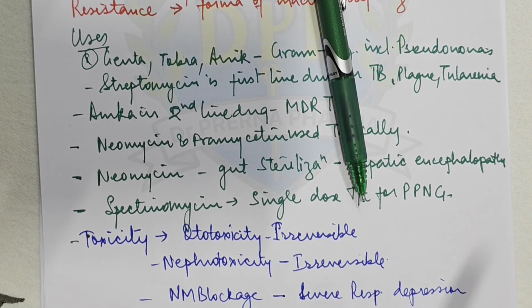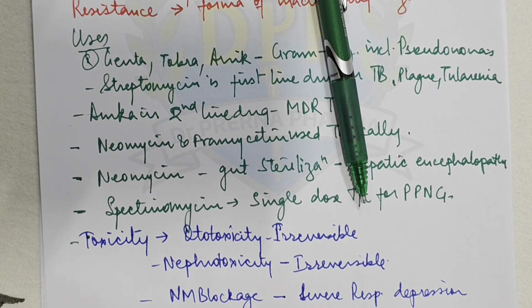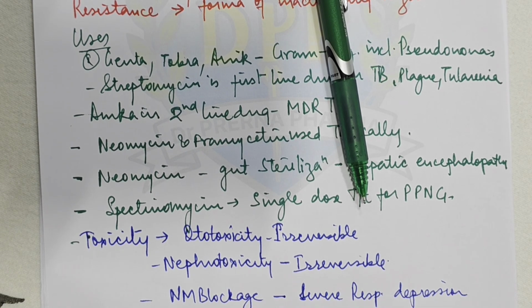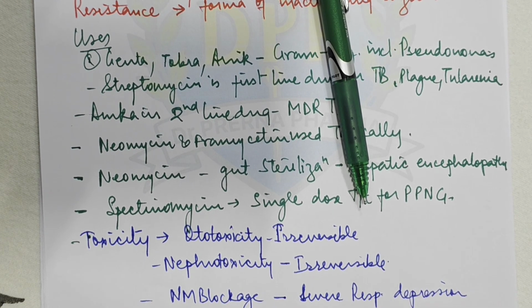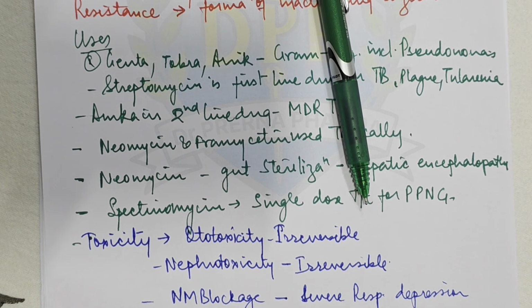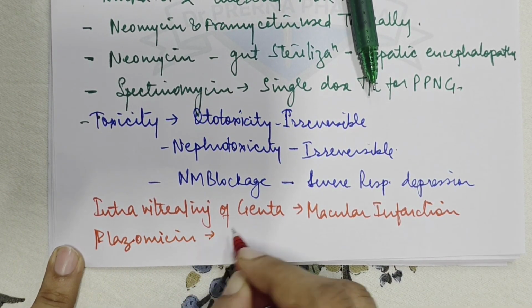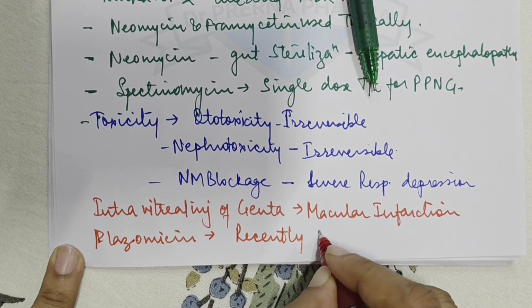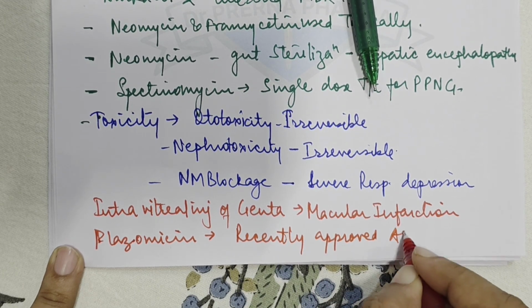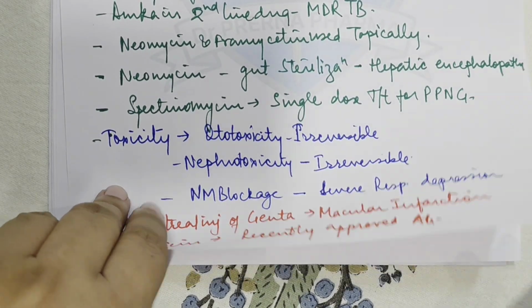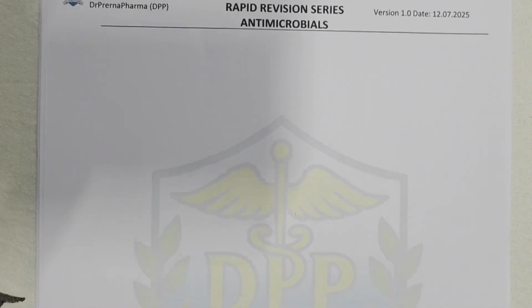Okay? Then intravitreal injection of gentamicin can result in macular infarction. Then there is a drug called plazomicin. This is a newly approved aminoglycoside. Okay?